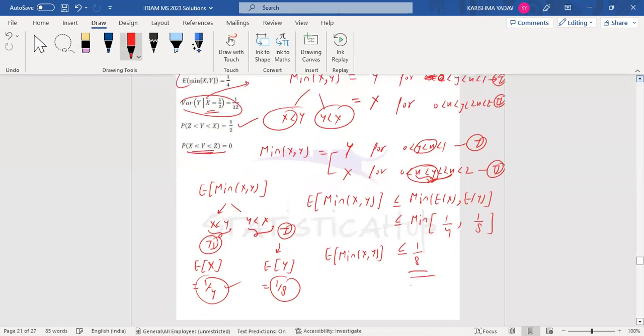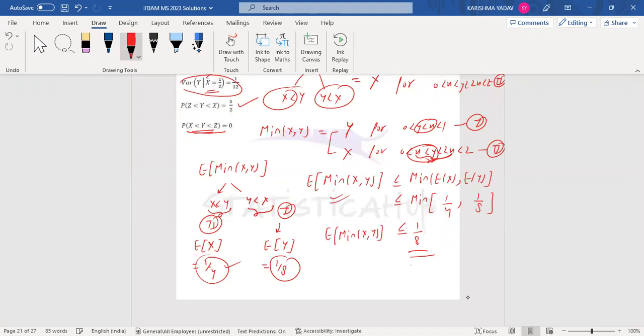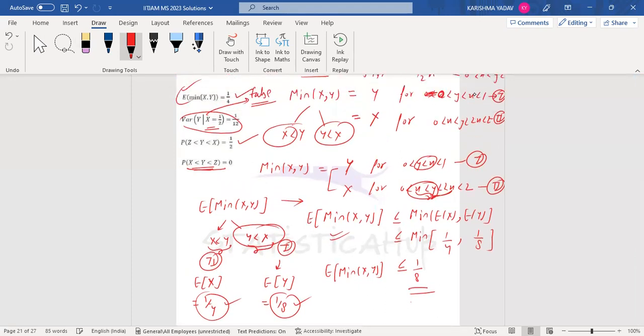You can also check it by this inequality, and this is greater than 1 by 8. So this is the false statement, because we got two expectations for two different regions, 1 by 4 and 1 by 8, and the minimum expectation is 1 by 8 for the first region, y less than x. So my expectation of minimum of x comma y by this inequality has to be less than or equal to 1 by 8. So my first option is correct, that it is the false statement.